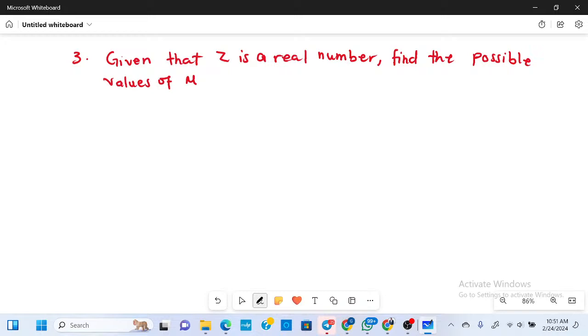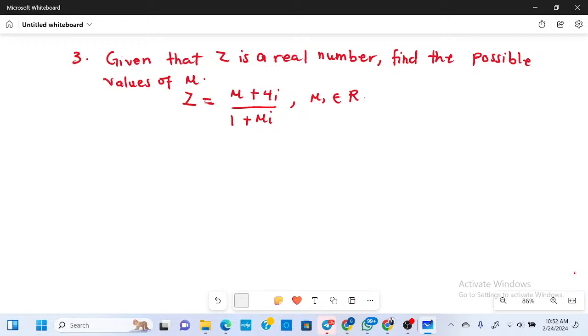So I have an expression z is equal to mu plus 4i all over the expression 1 plus mu i, where mu is a member of real numbers. So let's analyze this problem.